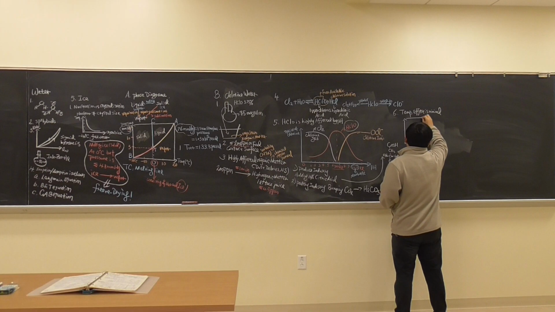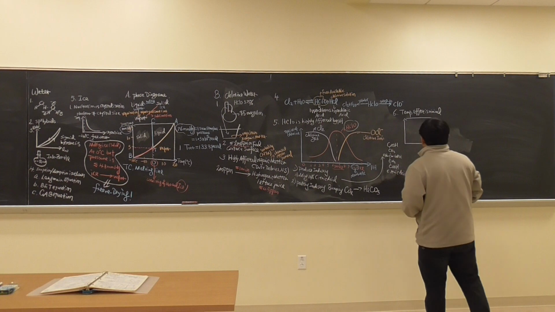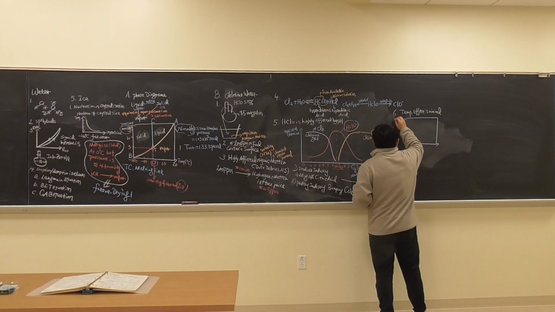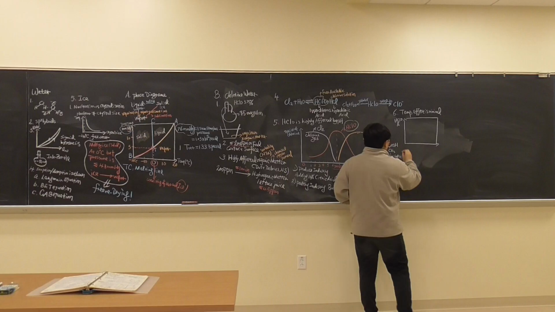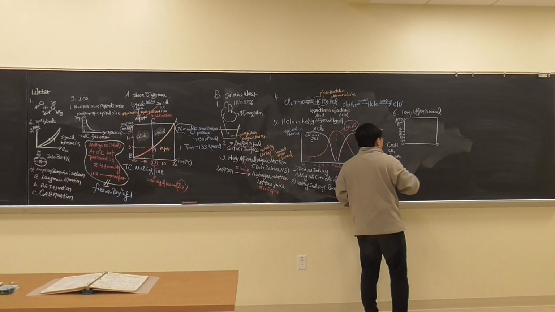It looks like a rectangle, and the y-axis right here is HClO percentage. And then they go 0, 10, 20, 30, 40, 50, all the way to 100.